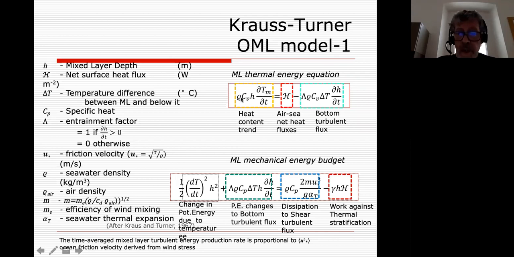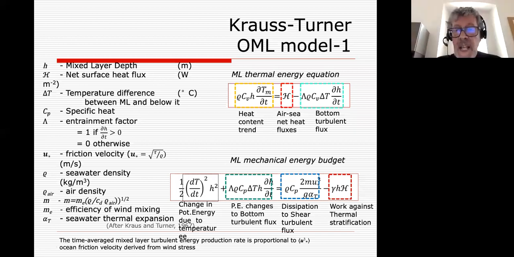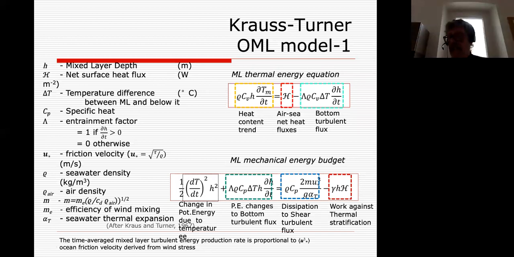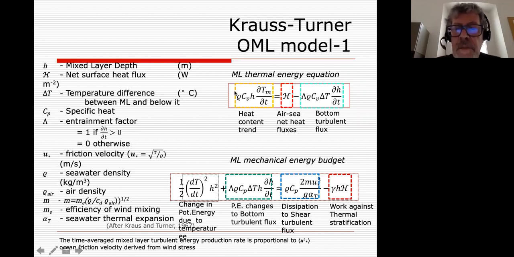If you look at it, rho C_v T is the heat content. So this means the heat content integrated all over the water column, homogeneous, so it depends on H changes. How does the heat content in the mixed layer change with time?